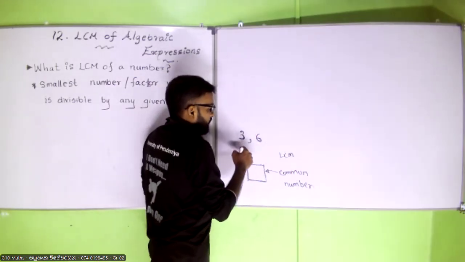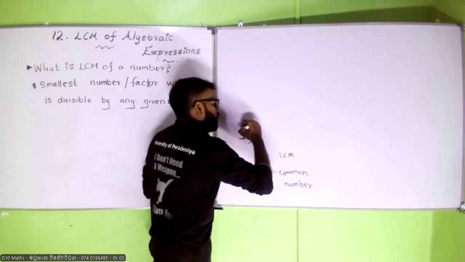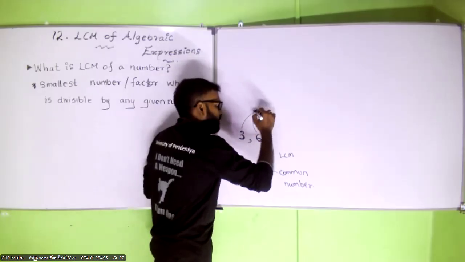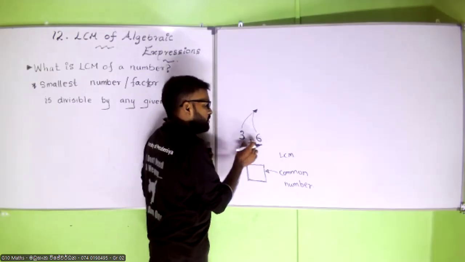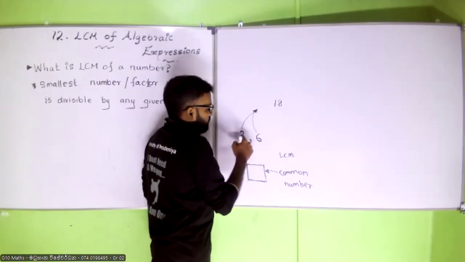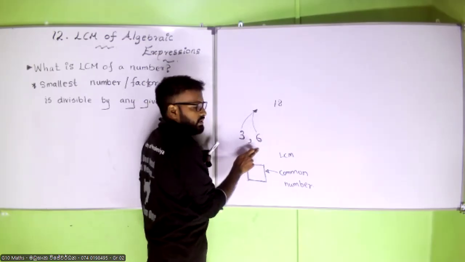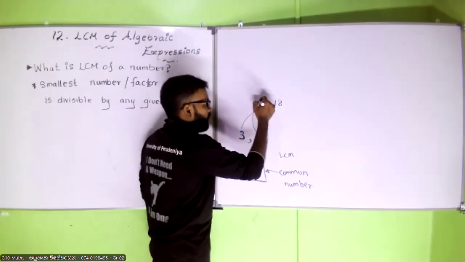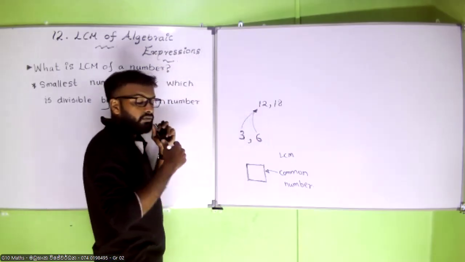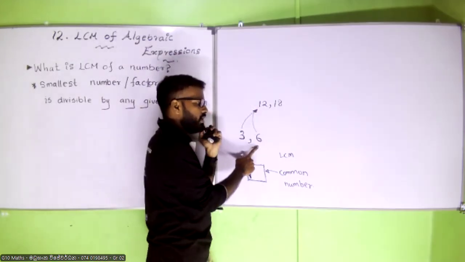Before finding the LCM of 3 and 6, let's talk about the numbers that we can divide without any remainder by using these two numbers. 18 can be divided by 3 and 18 can be divided by 6. Can we divide 12? Yes. 12 can be divided by 3 without any remainder, and also by 6.